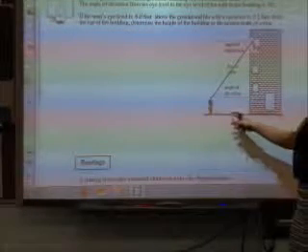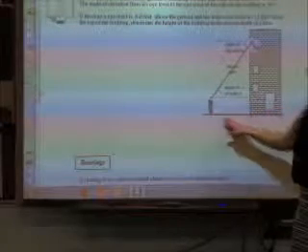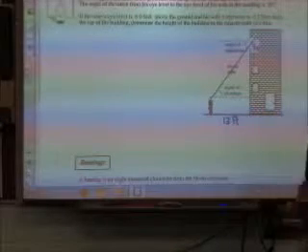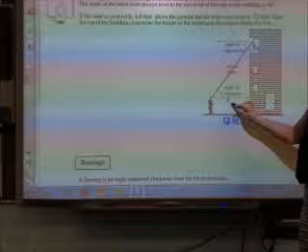Give me one thing you labeled. The bottom is 12. So, like here, would this also be 12 feet here? Yeah. Okay. What else can you label?